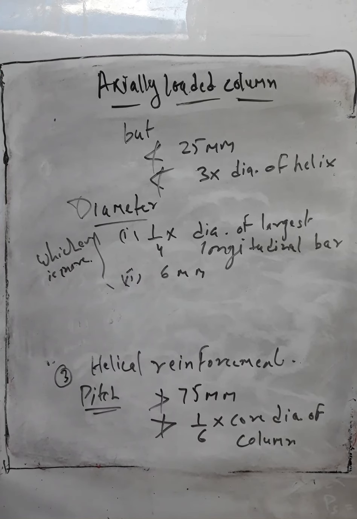So these are the criteria of longitudinal reinforcement and transverse reinforcement. In transverse reinforcement we see lateral ties, diameter and helical reinforcement.